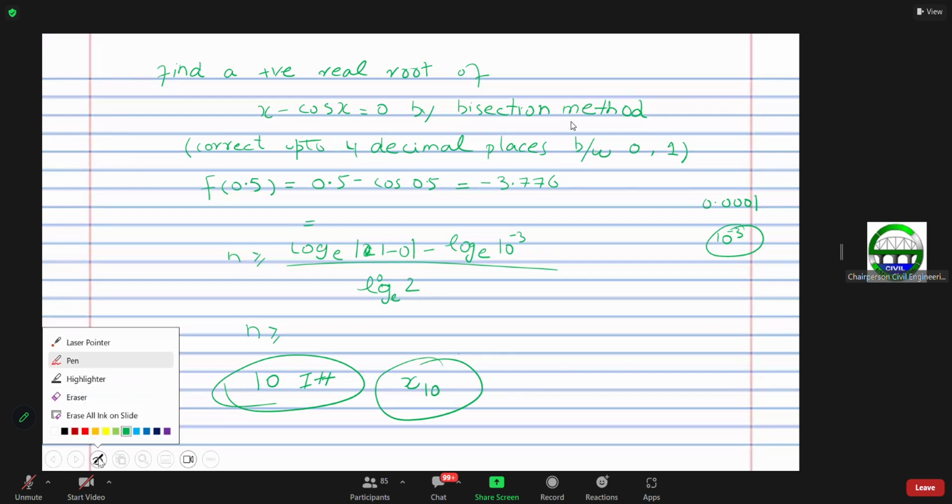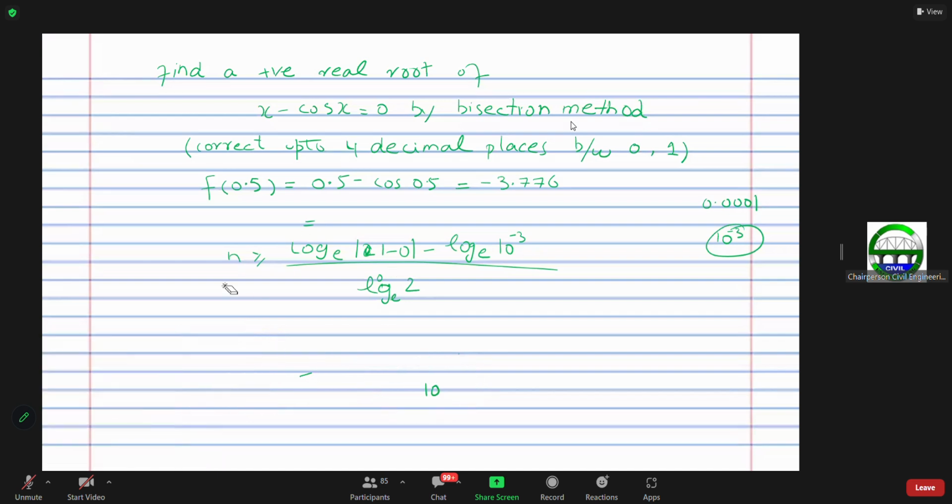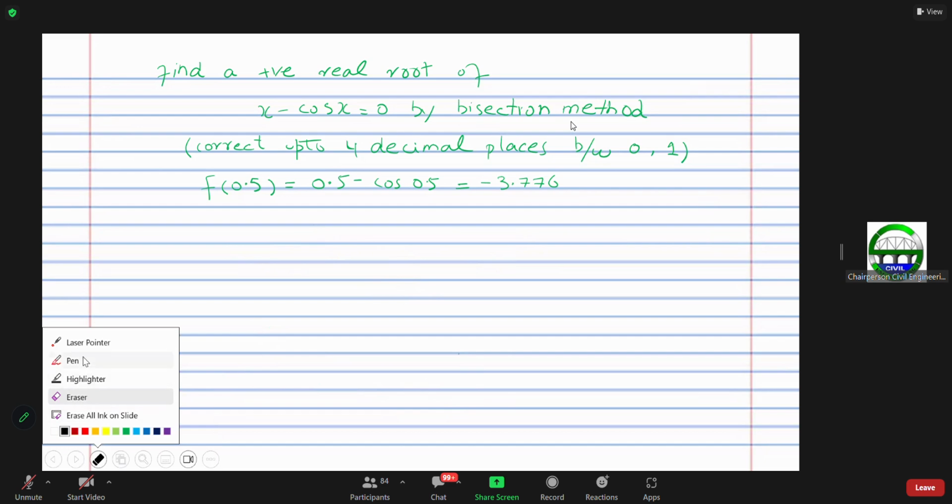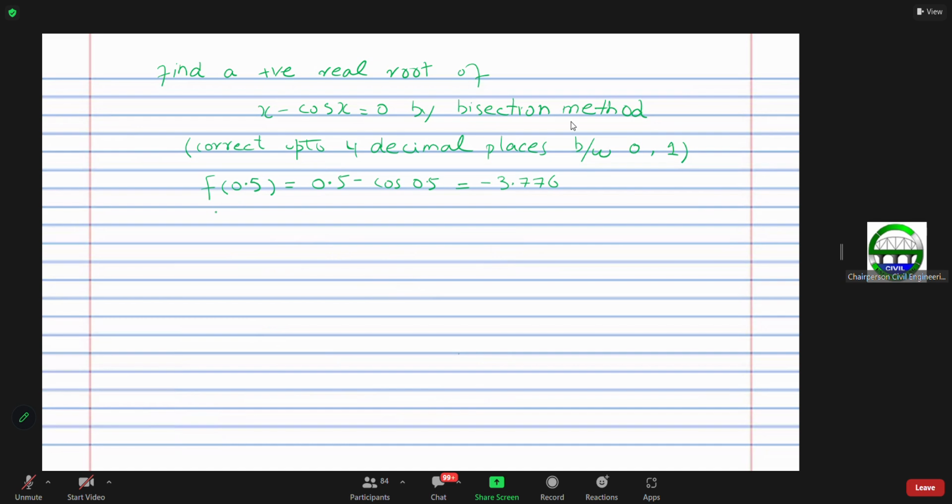Okay, so I will erase it. Here is my plan. The maximum is 1, so f of 1. What is 1 minus cos of 1?